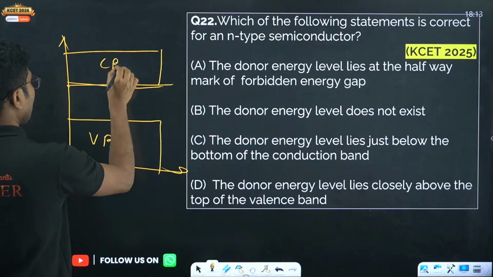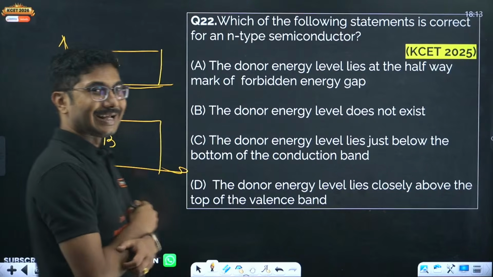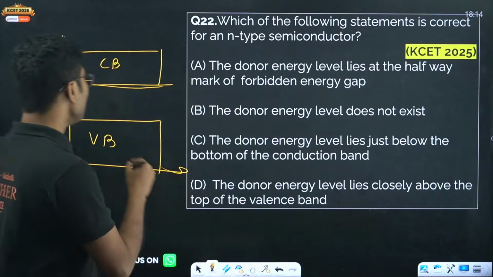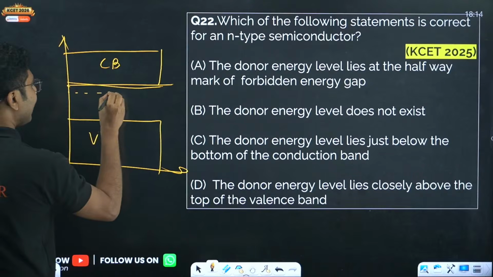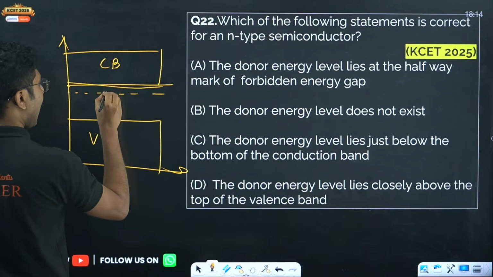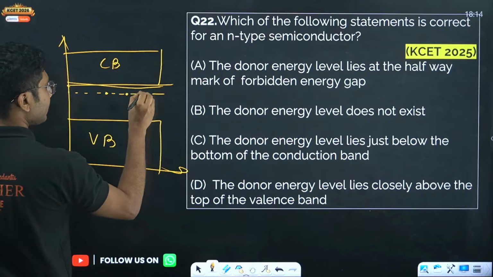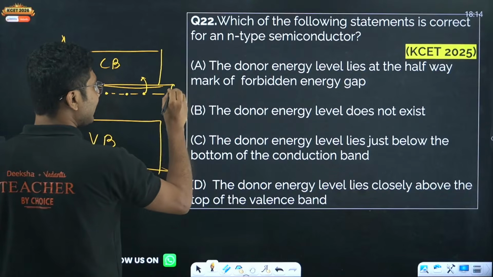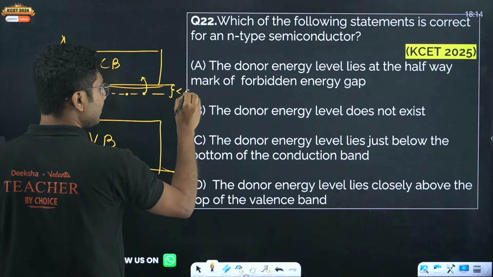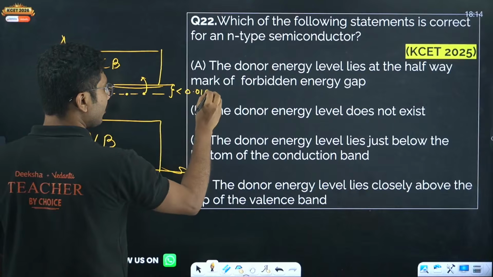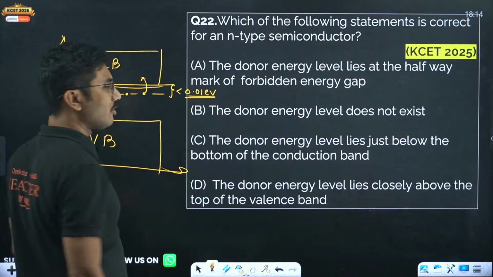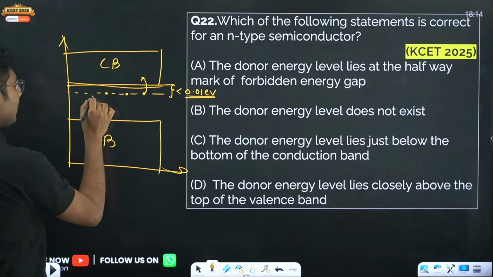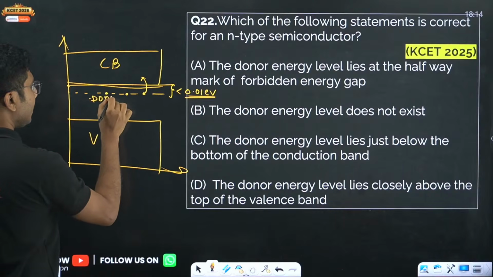Now if you add an external impurity such that a new level develops which has a lot of extra electrons, which it supplies to the conduction band, and this energy gap is less than 0.01 electron volt, then it is called an n-type semiconductor, and this is called the donor level.